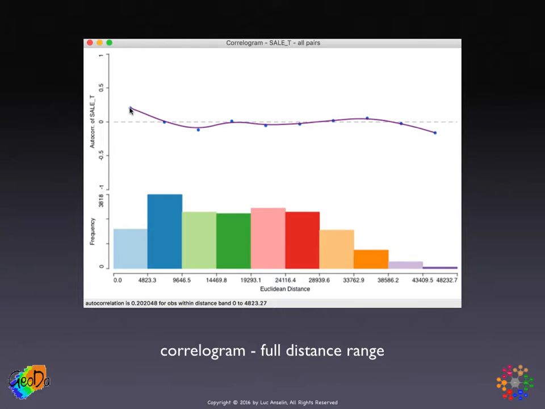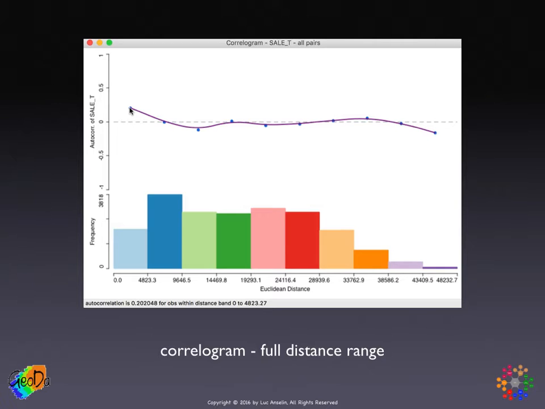So for each bin, since they're in standardized values, we have an estimate of the spatial autocorrelation. For example, for the first bin, which goes from 0 to 4,800 feet, we have an estimate of 0.2 as the spatial autocorrelation.